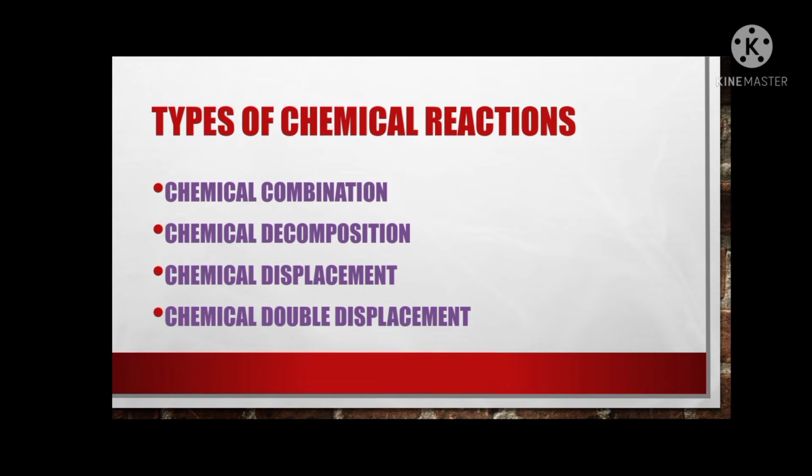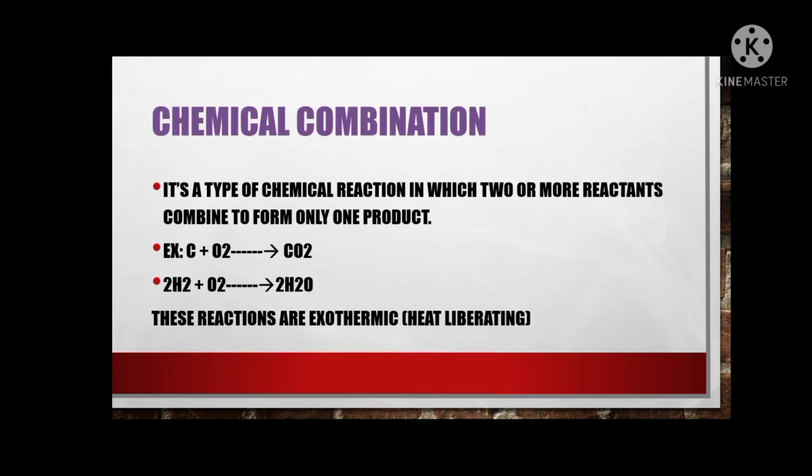Chemical reactions are mainly studied in five major types: chemical combination, chemical decomposition, chemical displacement, chemical double displacement, and redox reaction. Let us know in detail.